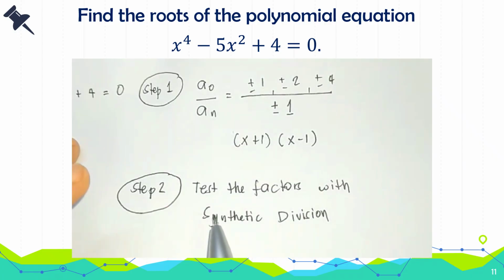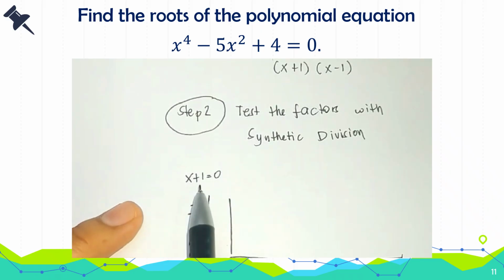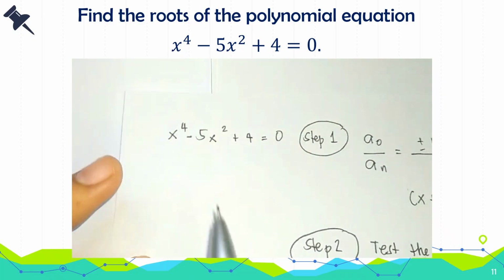Now, next is step 2. Test the factors. We'll start with the synthetic division. So I will use first to test if x plus 1 is a factor of our polynomial.